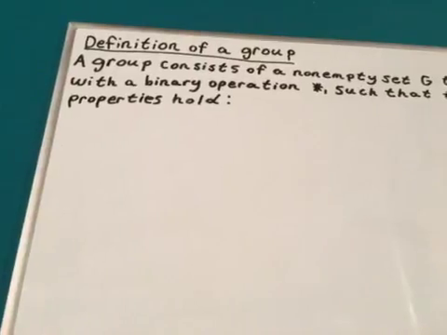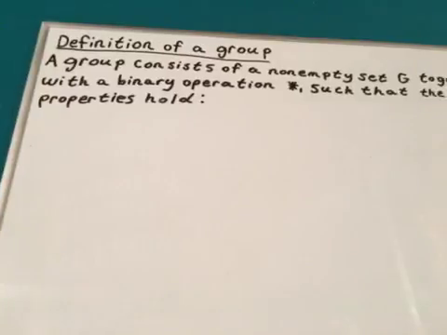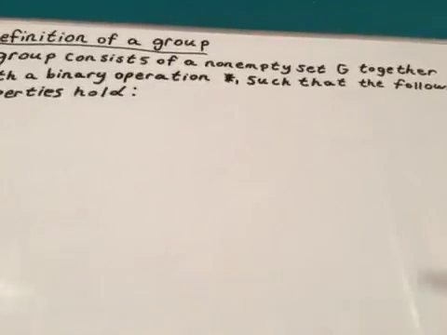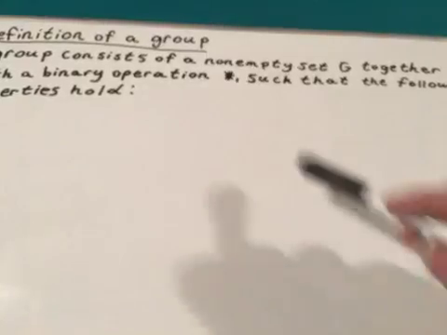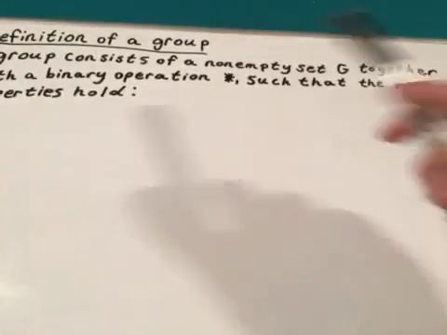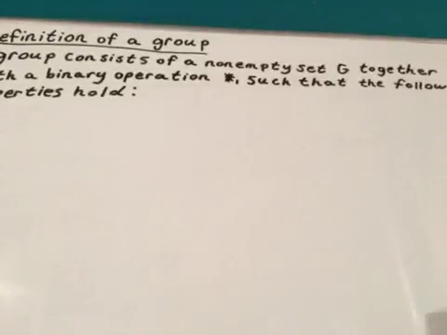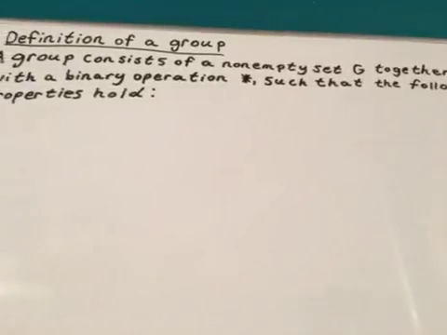Well, here I have the definition of a group. A group consists of a non-empty set, G, together with a binary operation, which I'm calling star, such that the following properties hold. So what does that mean?